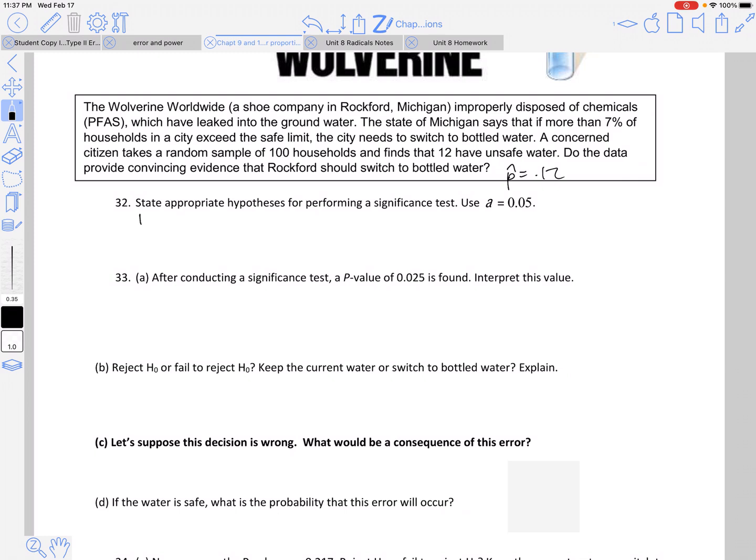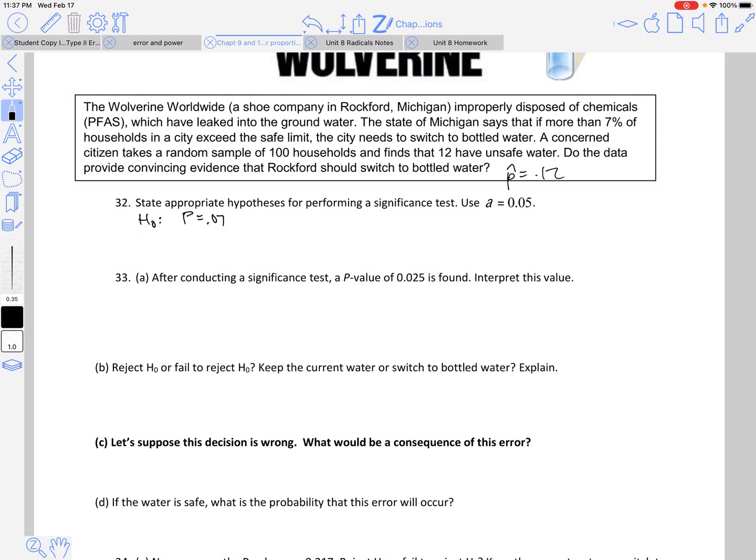Okay, so our null is that the true proportion of houses that have unsafe water is 7%, right? So our null is saying, you know what, that sample just happened by chance. We don't need to be alarmed. There's nothing fishy going on. That claim that they should be about 7%, that's probably true.